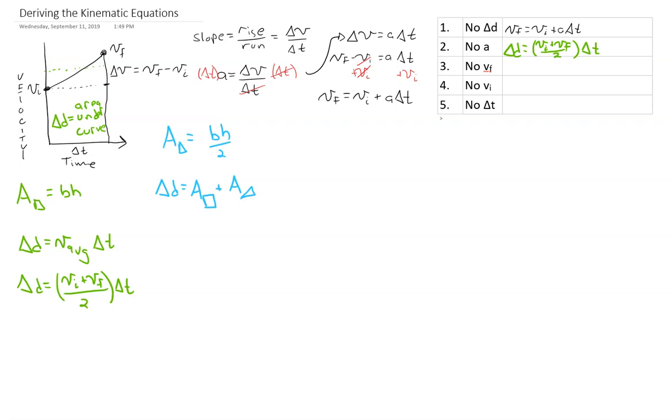Okay, so the area of the bottom rectangle here is going to be my base times my height. Well, that's my time times, it goes up to Vi. So I'm going to go Vi times time plus the area of my triangle is going to be my base times my height divided by 2.